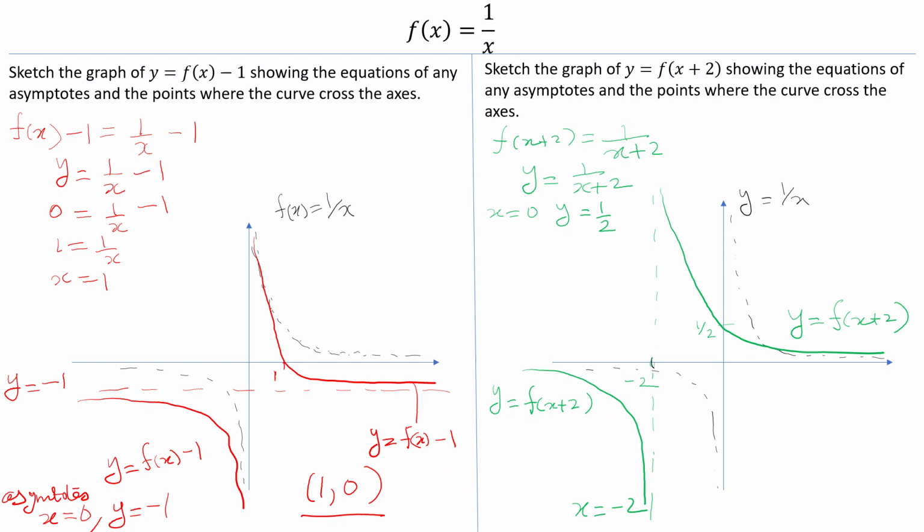So the new asymptotes are x equal to minus 2 and y equal to 0.